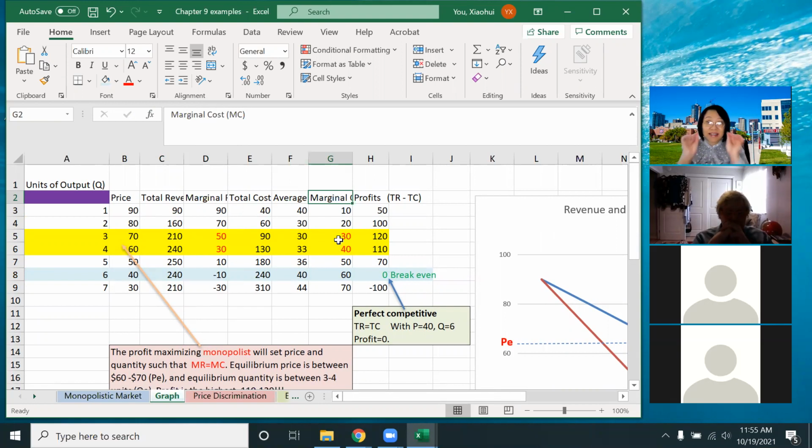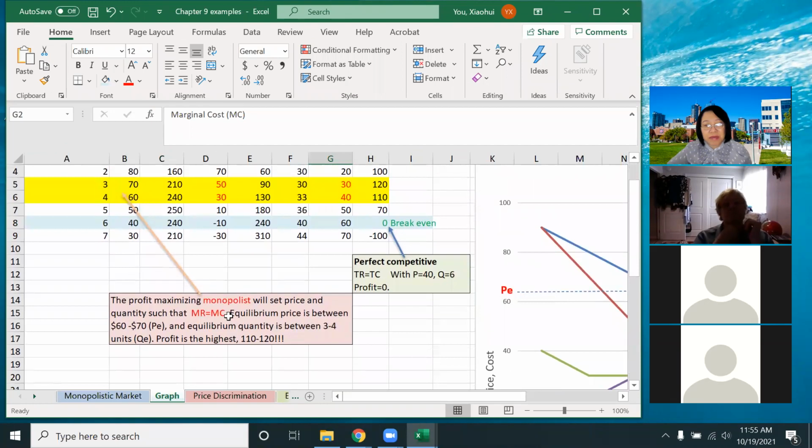So we don't have an exact point from our calculation, but we know it should be between these two, in this area. So there should be a value approaching 40, right? There should be an equal point. So that's why I make this area. It should be here, where MR equals MC.